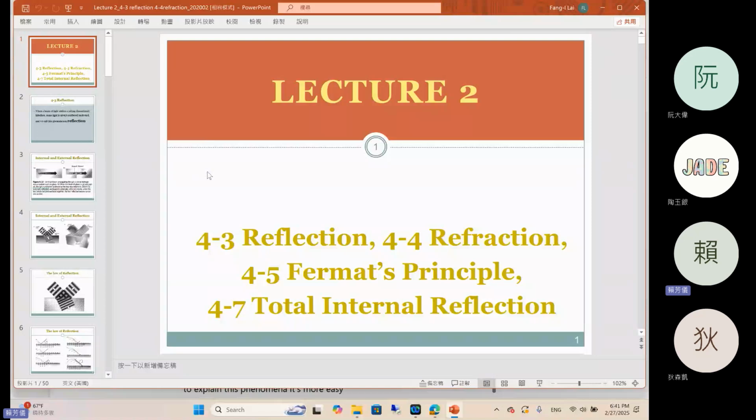For example, when light goes through a door and the dimension of the door is very large, larger than its wavelength, it is easier to use particle behavior to explain the reflection or the refraction.